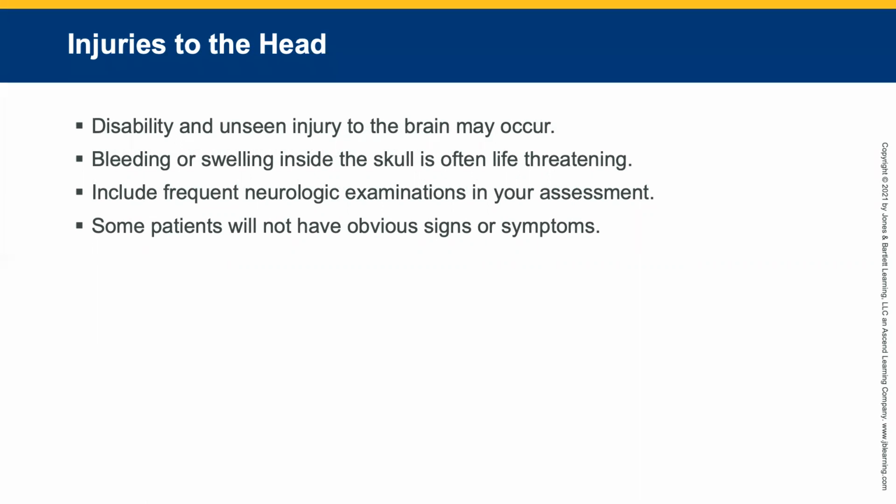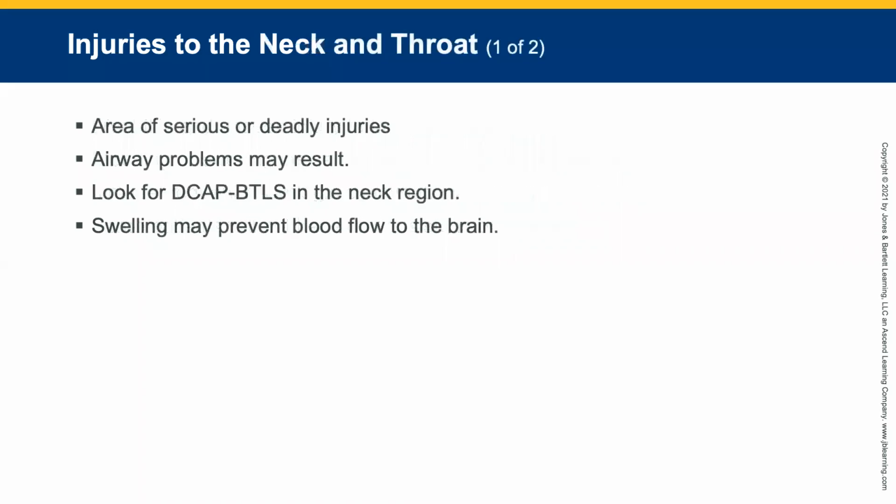Some patients will have no obvious signs or symptoms until minutes or hours after the injury has occurred. Airway problems may result that could quickly become serious life threats. Your assessment must include frequent physical examinations, looking for DCAP-BTLS in the neck regions. Also assess for JVD, which is jugular vein distension, and tracheal deviation.